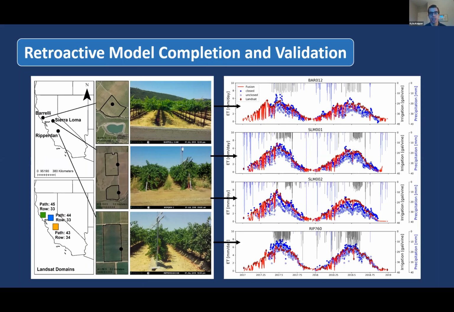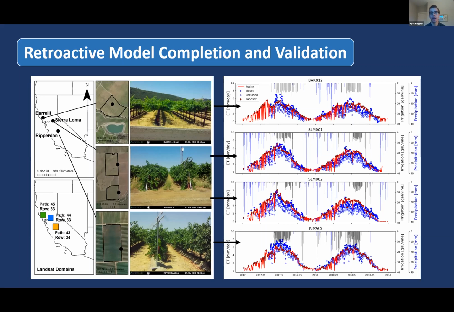That's what you see here on the right, a comparison between the closed and unclosed observations. Closed is the blue dots, unclosed are the white dots. Our modeled daily 30-meter ET is in red, and the red triangles are daily ET derived specifically on Landsat overpass dates. Irrigation is in black on the top and precipitation is in blue.